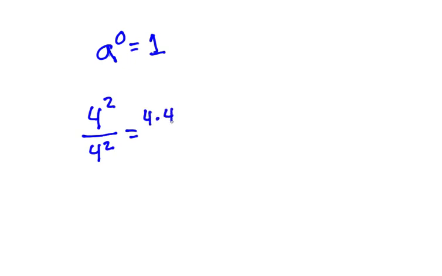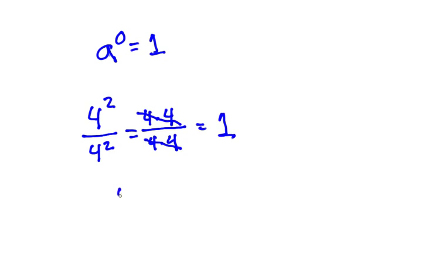Now, as a side note, this gives us a way to think about how a to the power of 0 is 1. Let's take an example: 4 to the power of 2 over 4 to the power of 2. If we wrote that out the long way, that would be 4 times 4 on top and 4 times 4 on the bottom. The top and the bottom are the same, so they cancel out and give us 1.